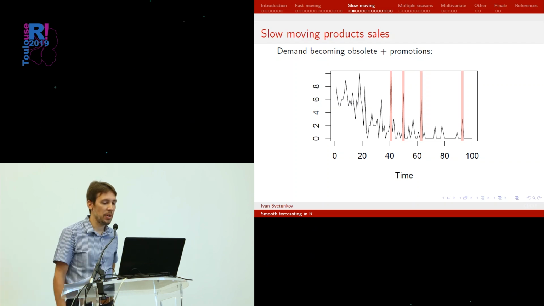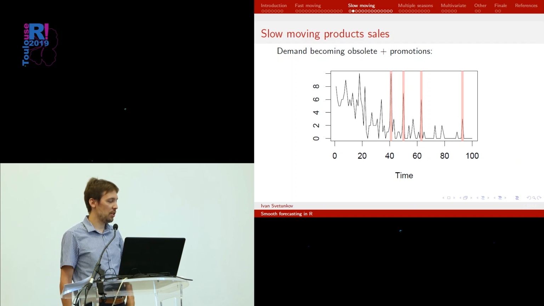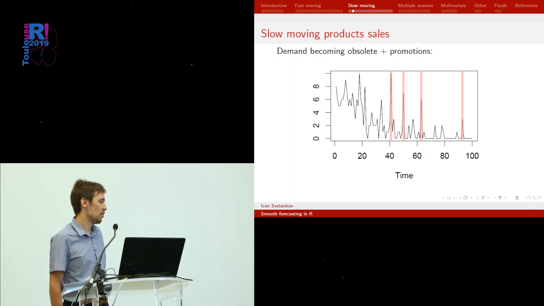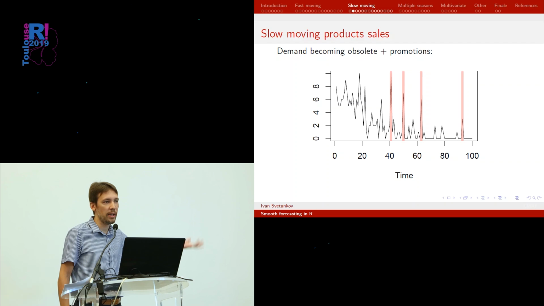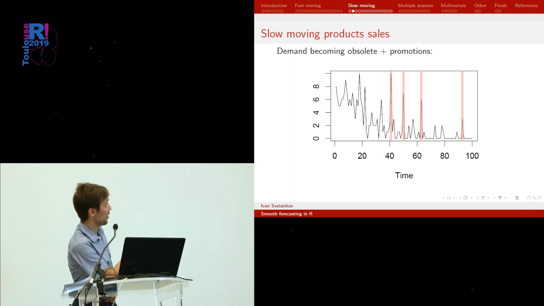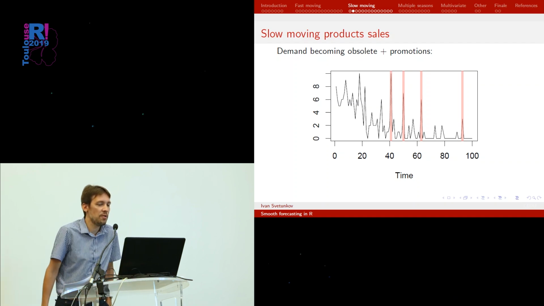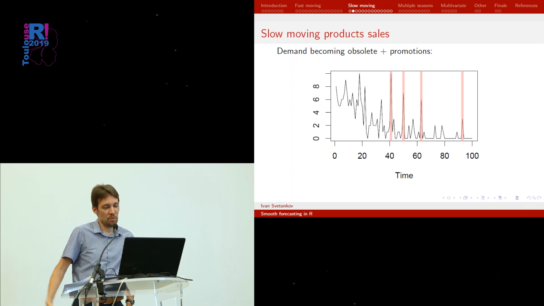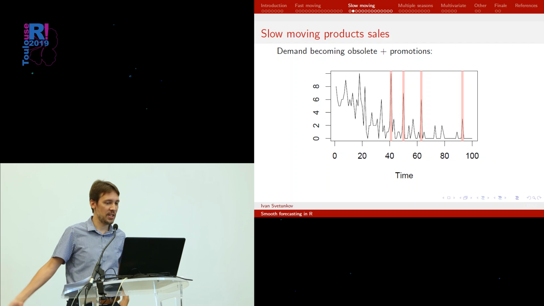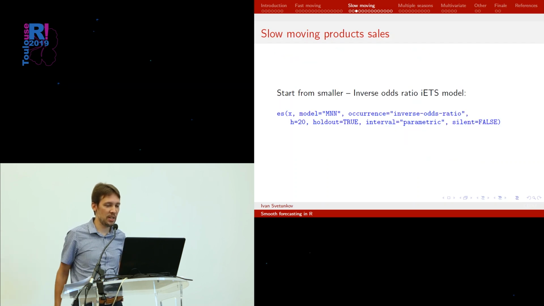But in this case, the company was trying to do something, and they also had promotions. And people, when they saw that the product they don't like anymore is on sale, well, some of them thought, maybe I should buy. And that's what they seem to do when the red line appears. So we have a quite difficult situation here, because we have several things combined all together in this example.